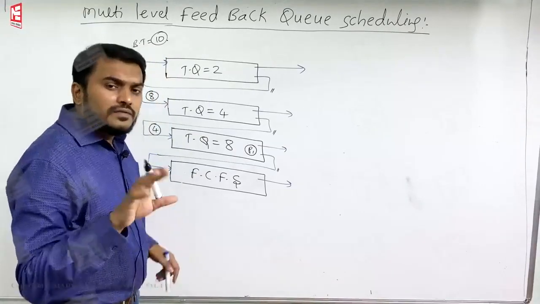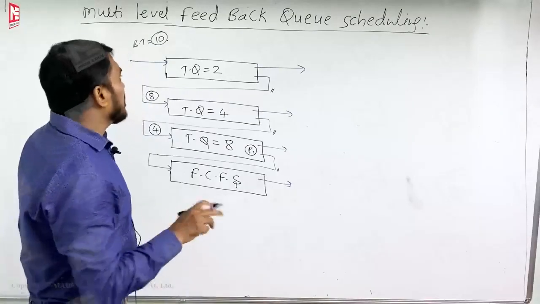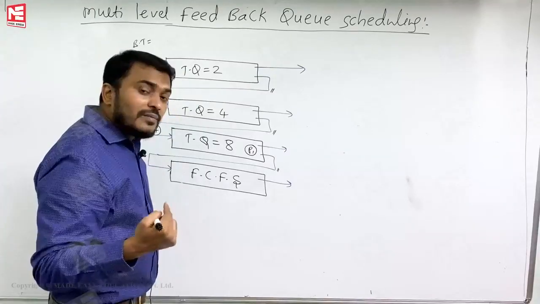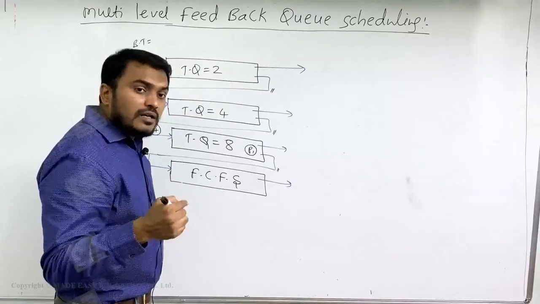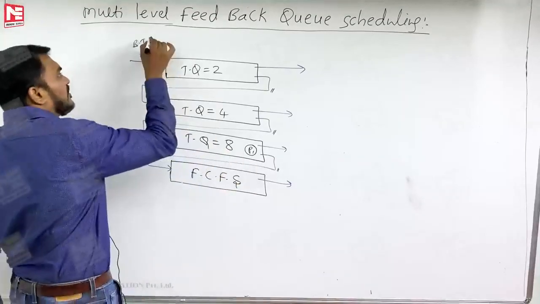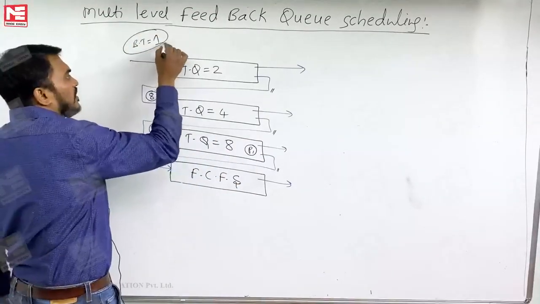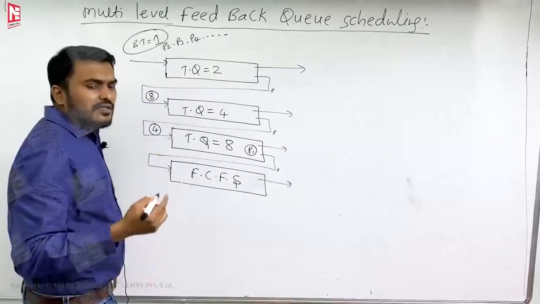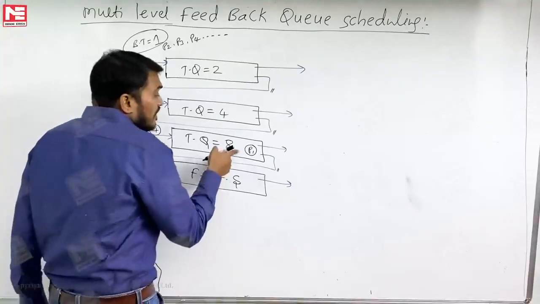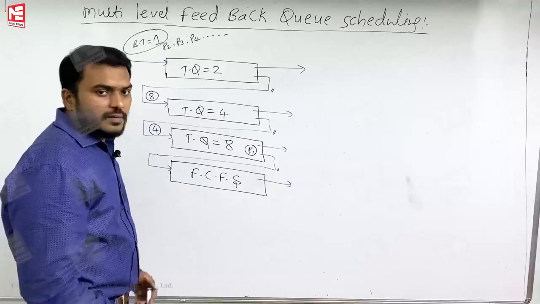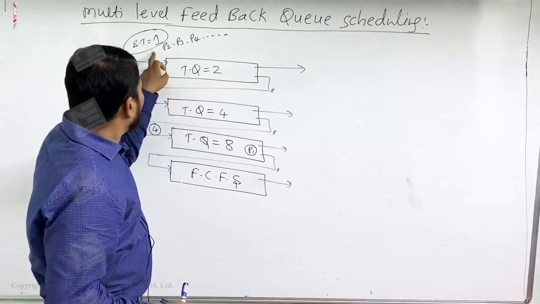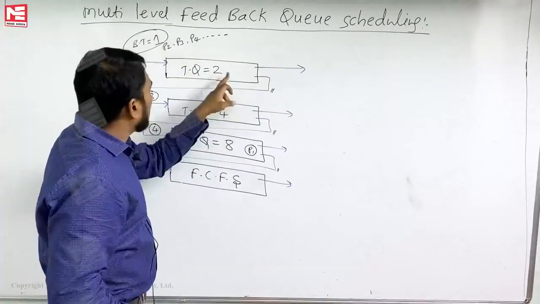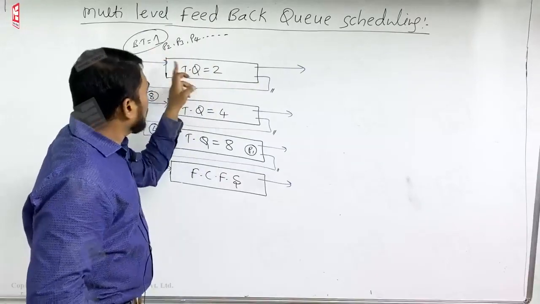It means that if new smaller processes keep on coming, for example with burst time 1, like new processes P2, P3, P4 and so on, new small processes keep coming. So P2 came, its burst time was 1, so it completed and went away. After that P3 came, burst time was 1, so it completed and went away. Then P4 came, burst time was 1, so it completed and went away.